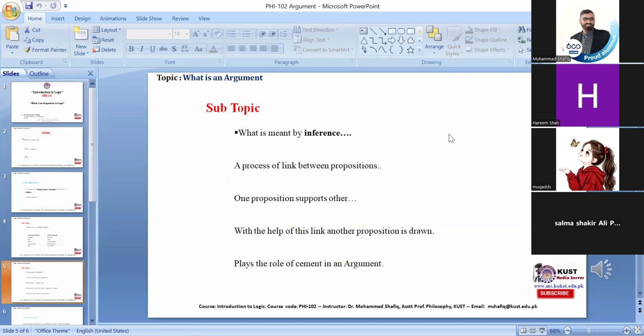The conclusion drawn is not on the basis of the premises, the evidence or the support provided by the premises. So the premises are saying something else, the conclusion is saying something else. That means there is a missing link. There is nothing common in conclusion and the premises. So this argument is not a valid argument.